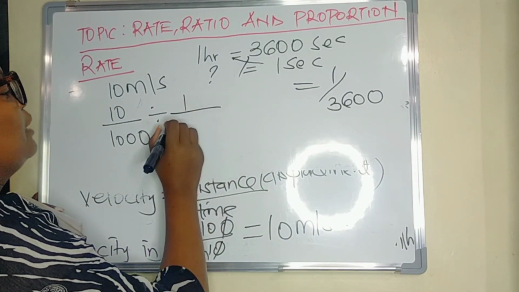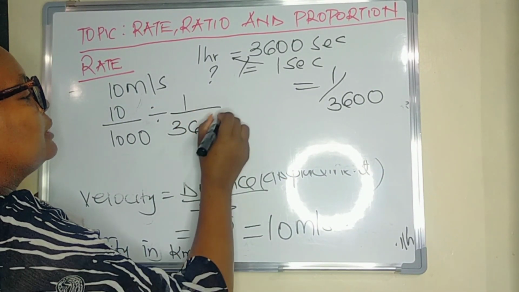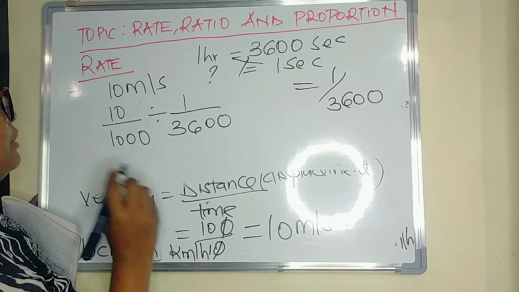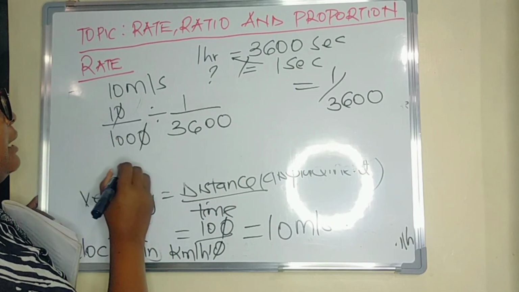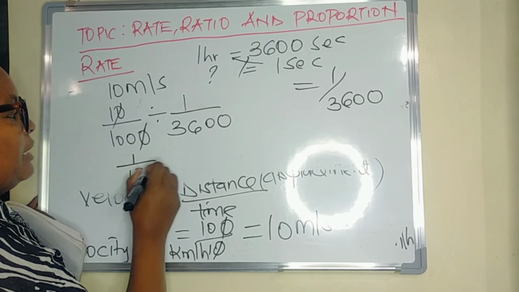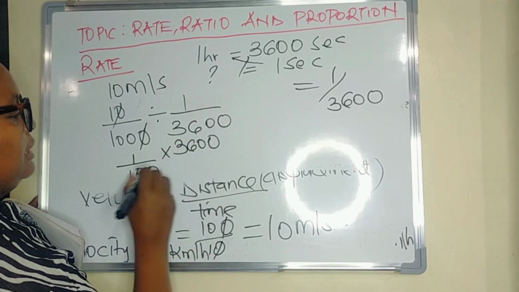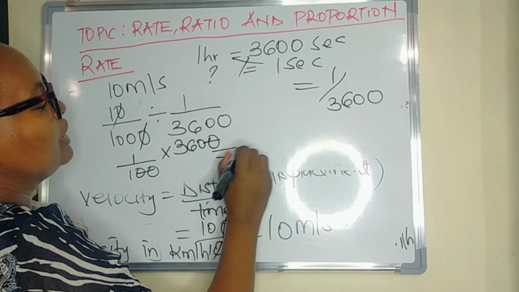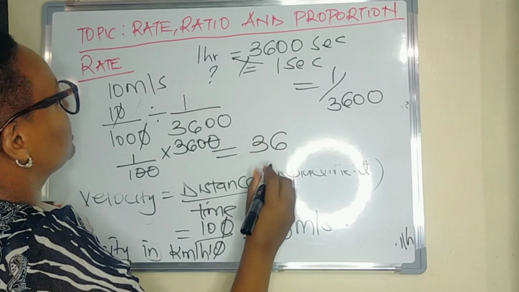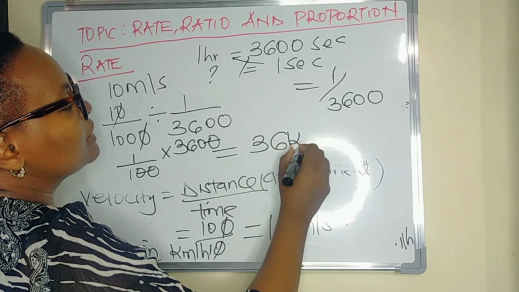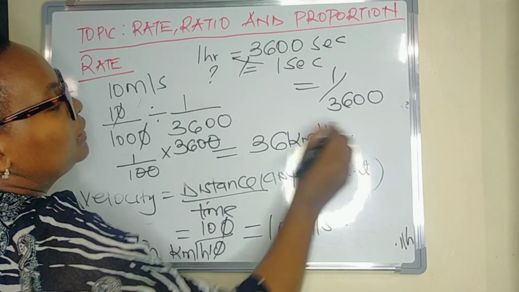1 over 3600. So this is like saying 1 over 100 times 3600. Then this will go. So this is going to be 36 kilometers per hour.